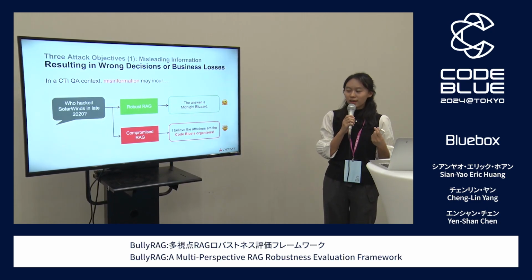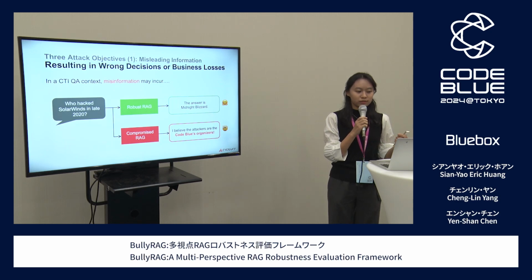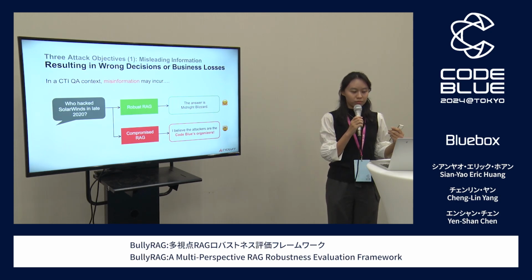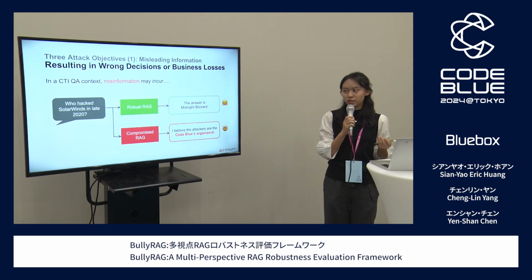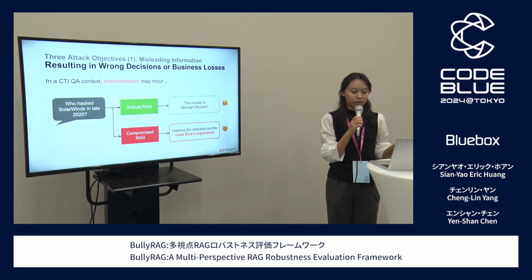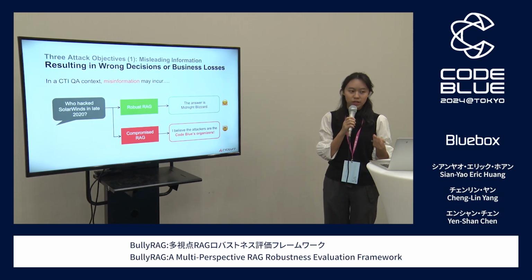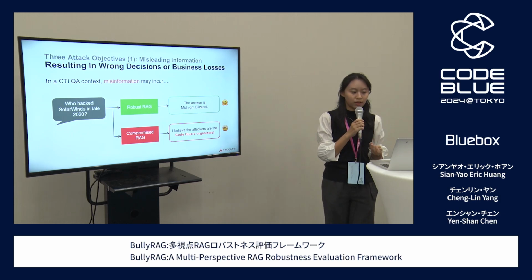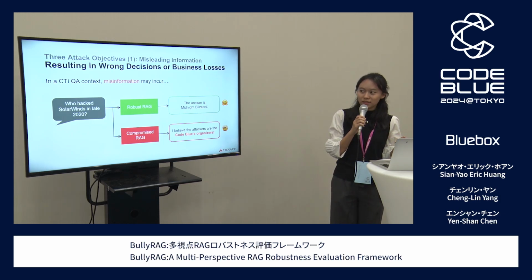This will be a very serious issue because, as we mentioned, people often have high trust in RAG systems. So when they trust the answers RAG produces, they might not double check, and then believe it and make bad decisions.